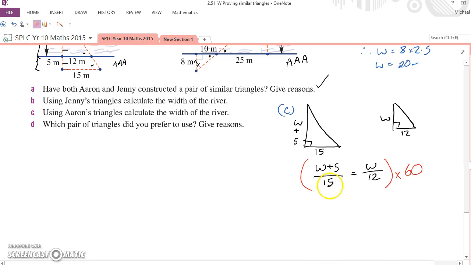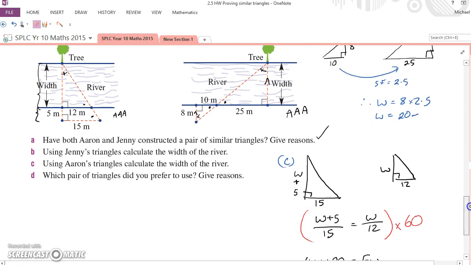So I'm going to multiply the left-hand one by 60. 15 will go into 60 4 times, so I'll be left with 4W plus 4 5s, which is 20. And on the right-hand side, 12 goes into 60 5 times, so 4W plus 20 equals 5W. If I subtract 4W from each side, I get 20 equals W. That's in meters.